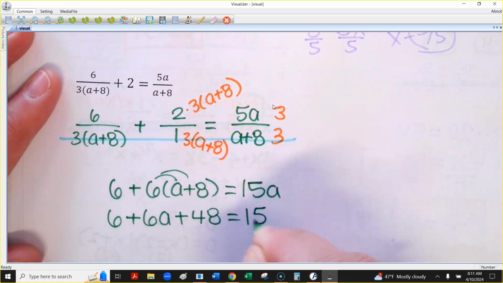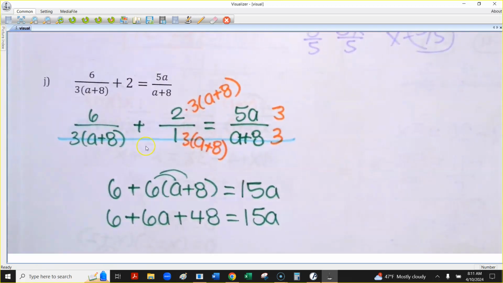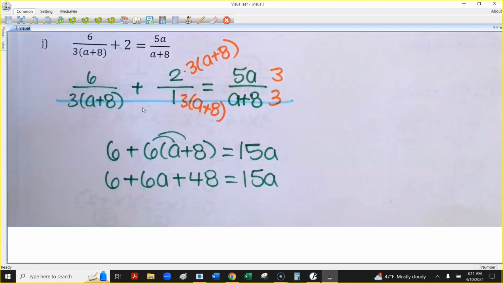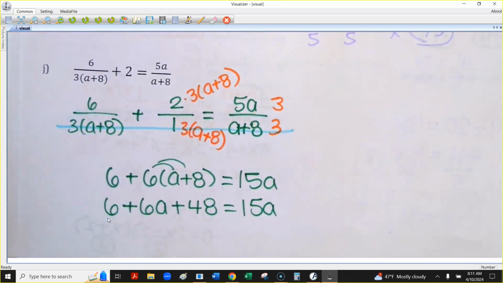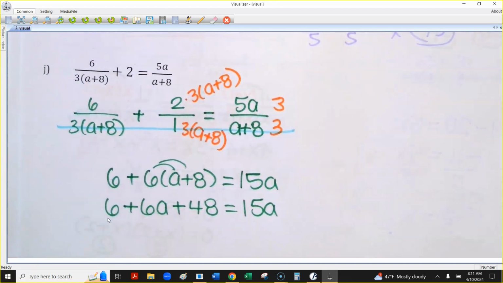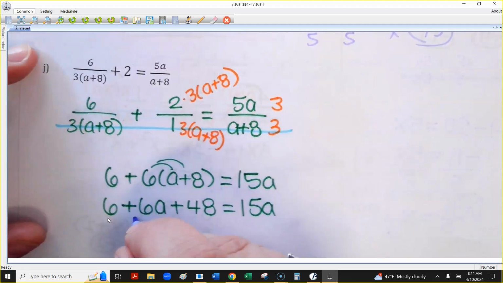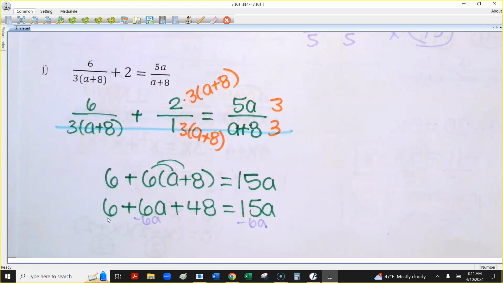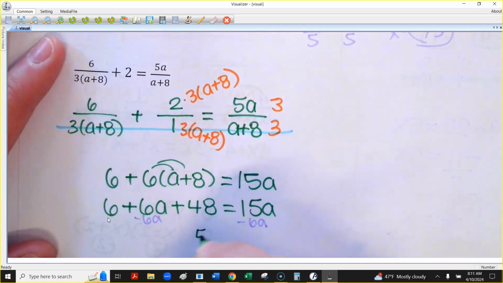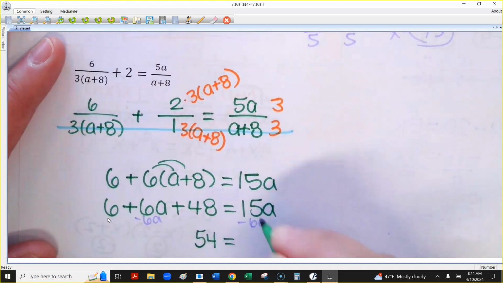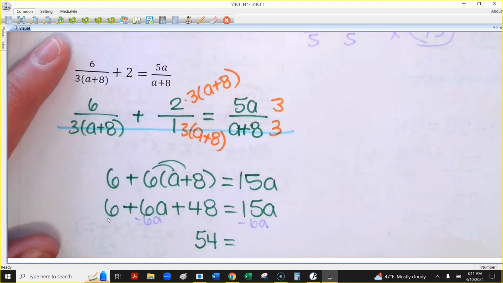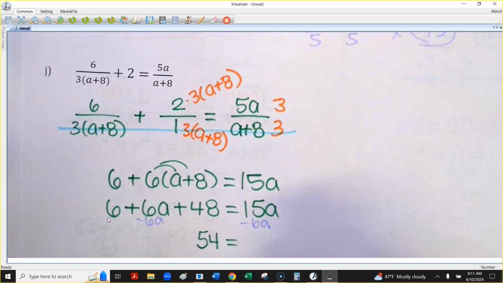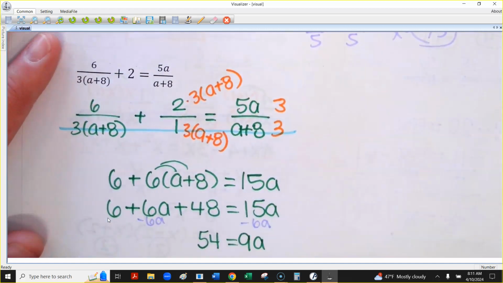So we have 15a. And I'm at the bottom of the paper. I have no space. All right, so let me do 2 steps in one. I'm going to subtract 6a to the other side, and I'm going to add the 6 and 48. They're both on that left side together, so we're going to get 54, and 15 minus 6 is 9, and this actually ends up being a nice answer.